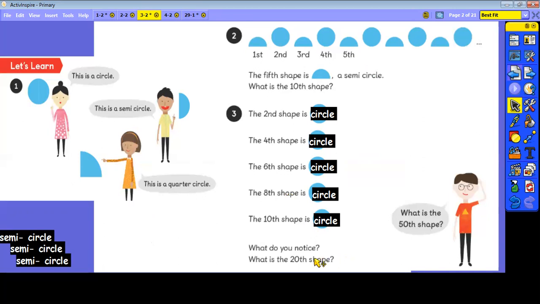Semicircles. What is the 20th shape? Well, 20 is an even number, so it's going to be a circle. 50 is an even number, so that is also going to be a circle. See how your odd and even numbers helped there? Good.